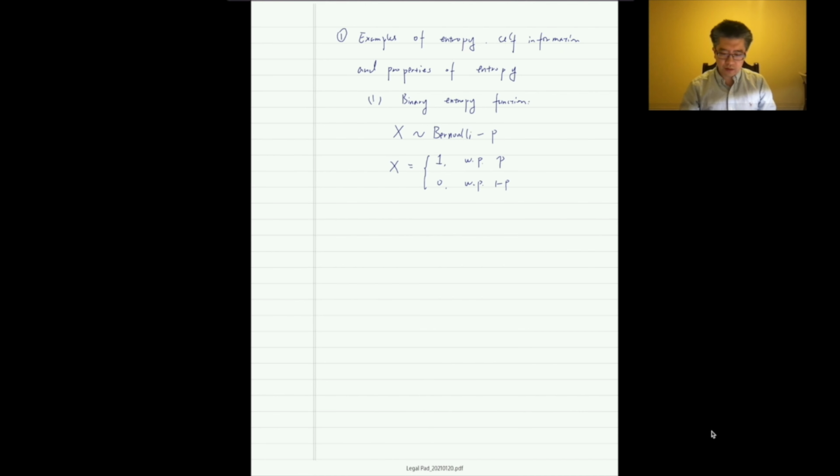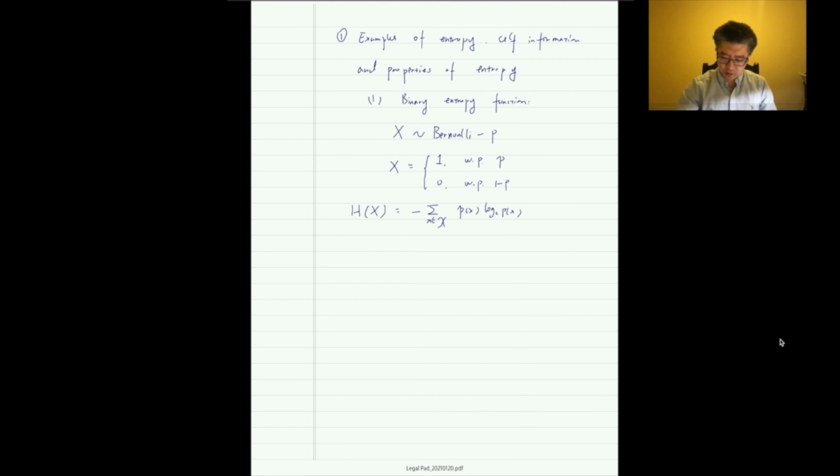Now let's recall the entropy formula. H of X, so here we have to write the random variable capital X, equals negative sum over x in the alphabet, the calligraphic X, of p(x) log base 2 p(x).